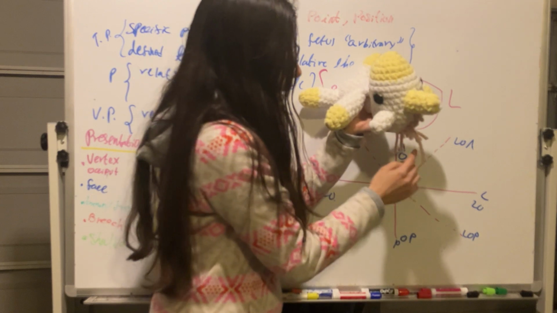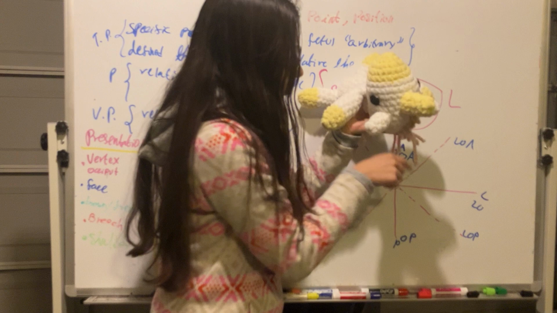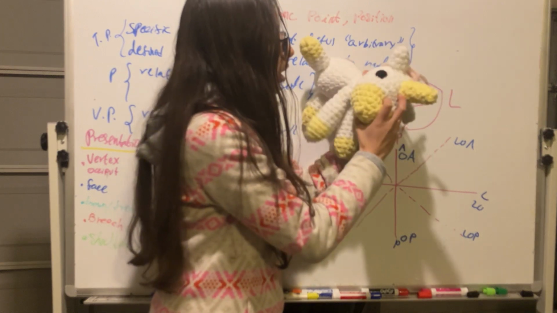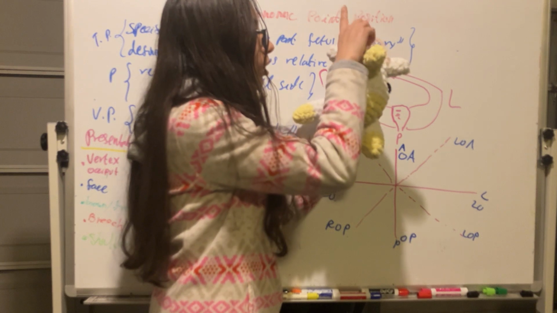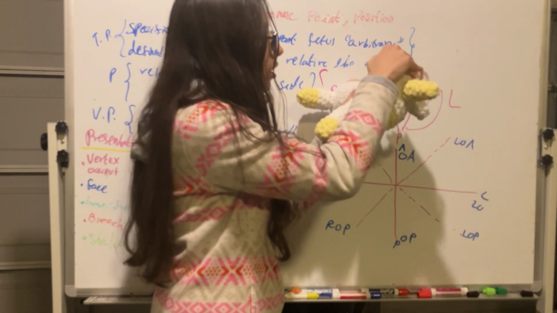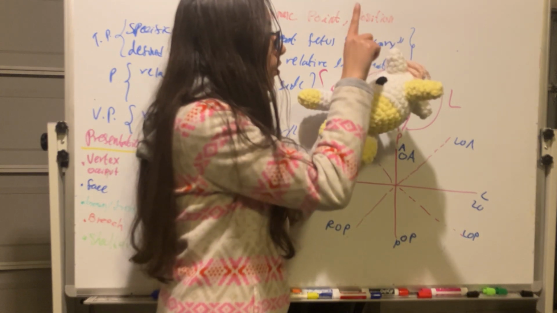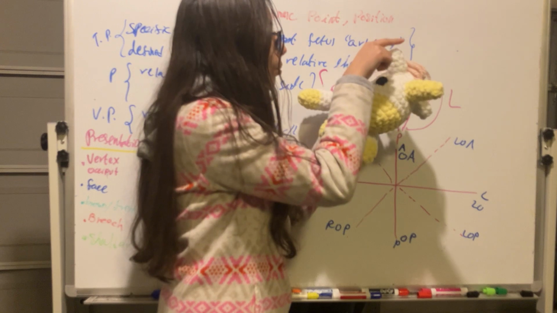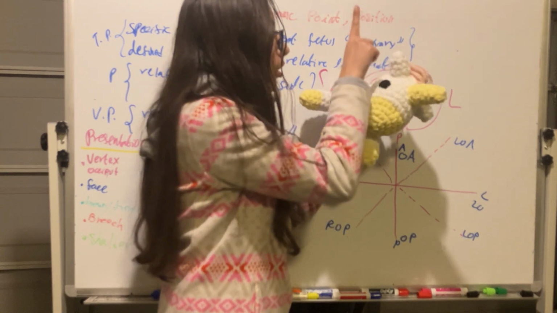This is left occiput posterior. This is here, this is occiput anterior, and if it shifts towards left, this is occiput left, or left occiput anterior.